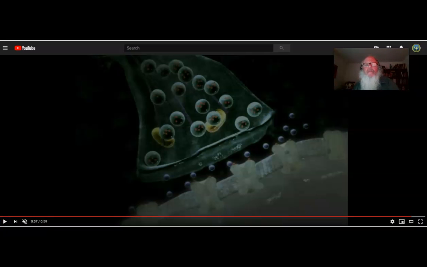Now this is the best animation that I have found so far about how the neuron transmits information both within the cell membrane from the beginning to the end of one neuron, but then between the cell membranes as these little chemical messengers travel from the sending neuron to the receiving neuron.